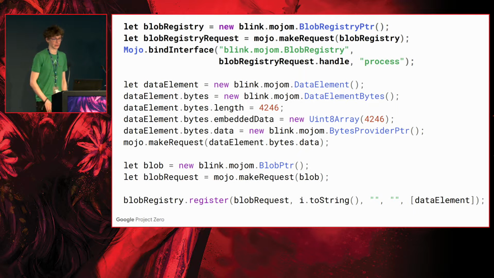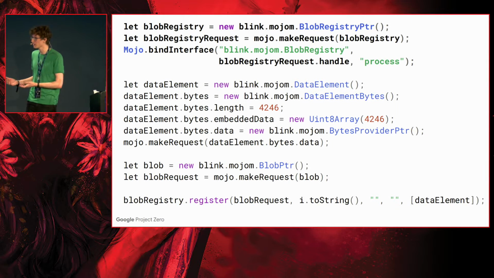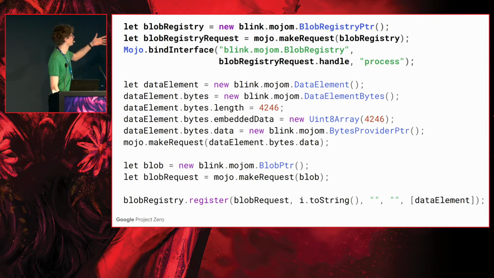This is just a small snippet of code to interact with the blob registry. Anyone here who has written a Mojo exploit probably used something like this, because it's super convenient for heap manipulation in the browser process. But yeah, in the top 3 lines, we're creating a handle to a blob registry.